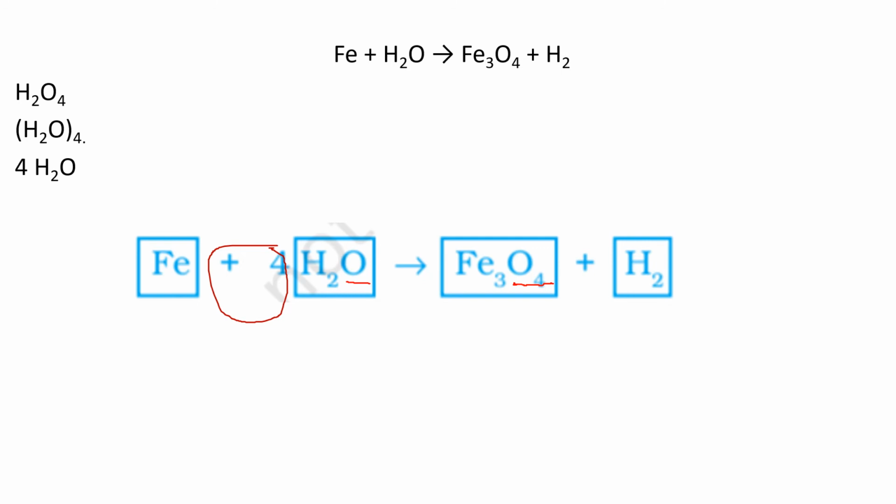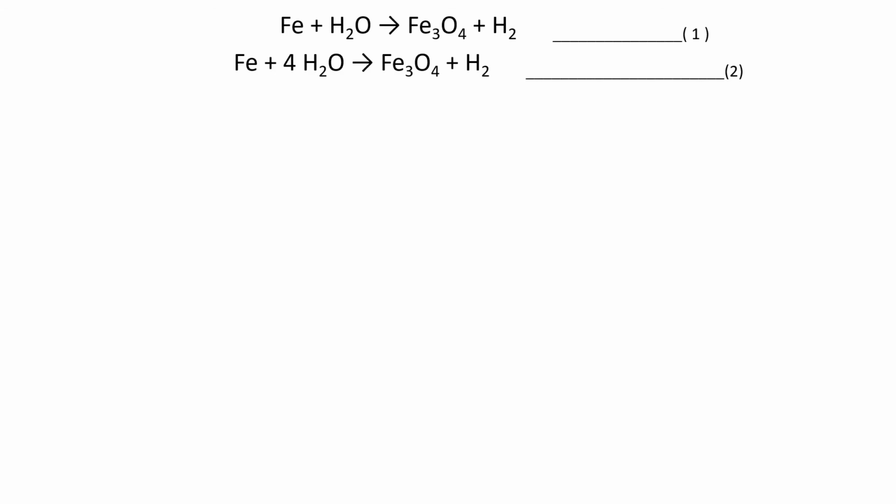So this is a partly balanced equation. So we still need to balance the other atoms. So our equation, which was like this, has become like this. That is, we have added 4H2O to balance the oxygen atoms.